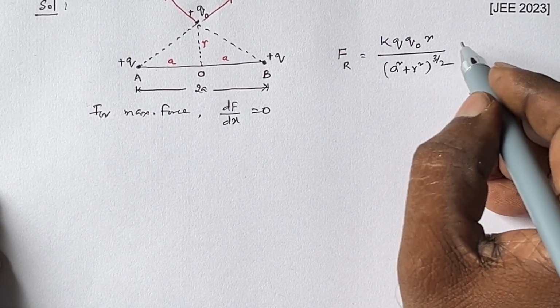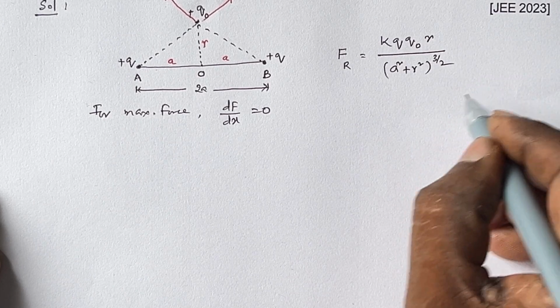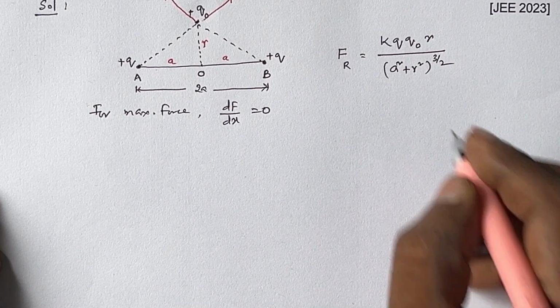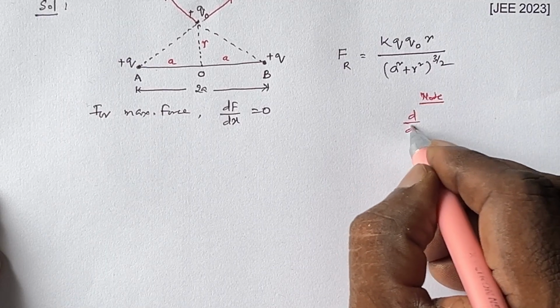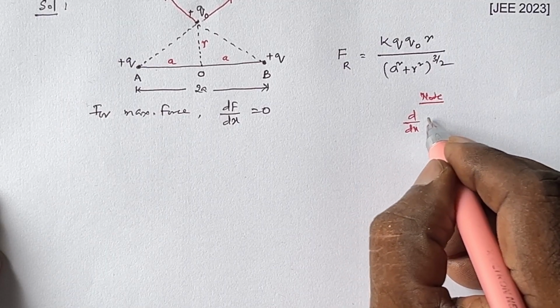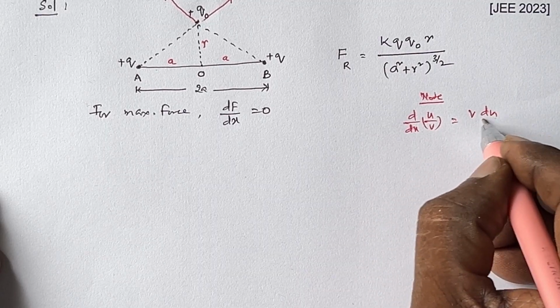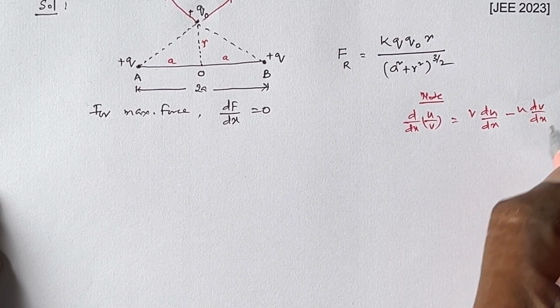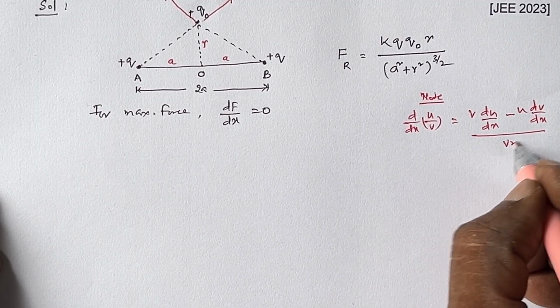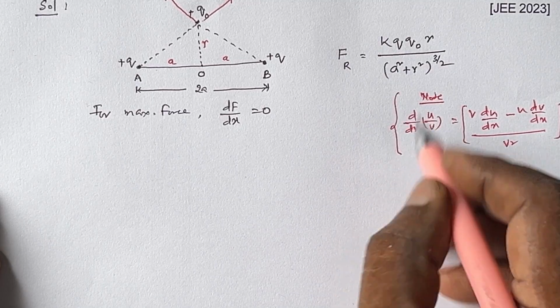So this is just like U by V. So the formula here is d by dx of U by V, which is V into du by dx minus U into dV by dx, by V square. This formula I am using here.